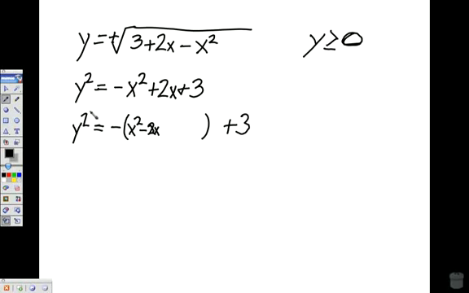You'll remember that that's the first step in the completing the square method that we did in math analysis. Now I'm going to complete the square inside these parentheses. In order to do that, you take half the coefficient of the x term, so that's going to be negative 1, and you square it. Negative 1 squared is positive 1, and we add that in.